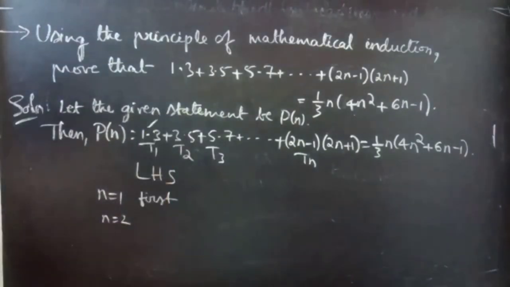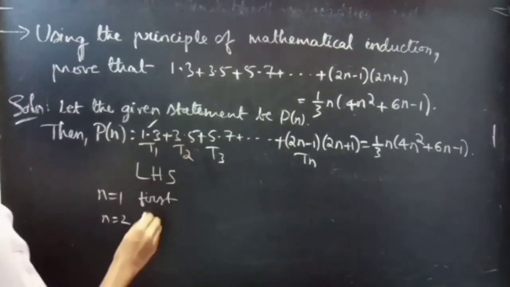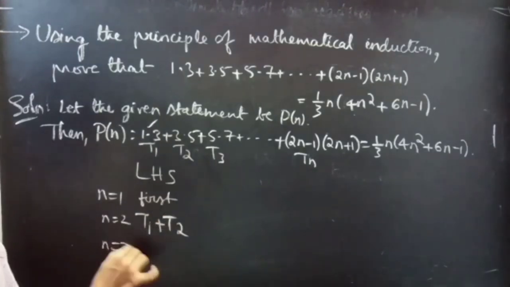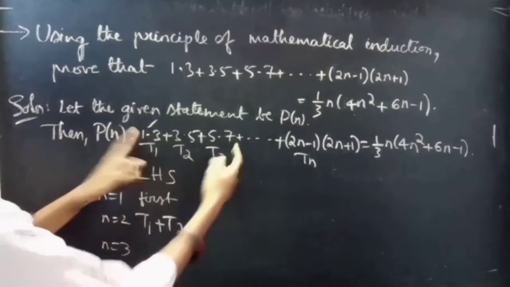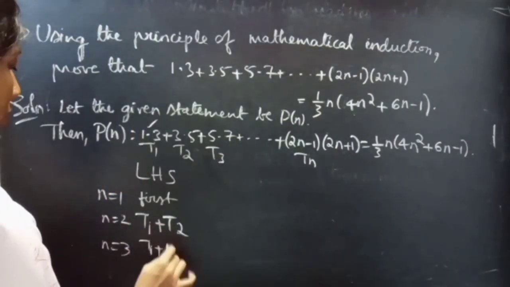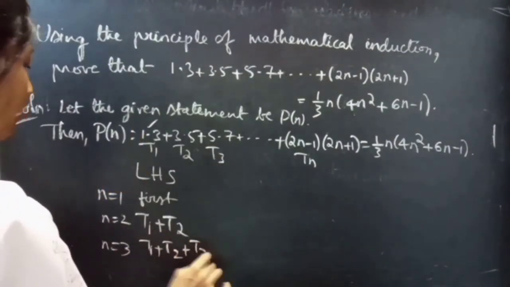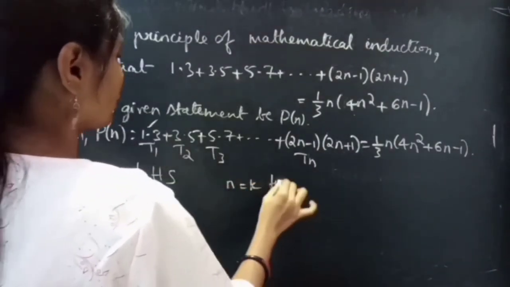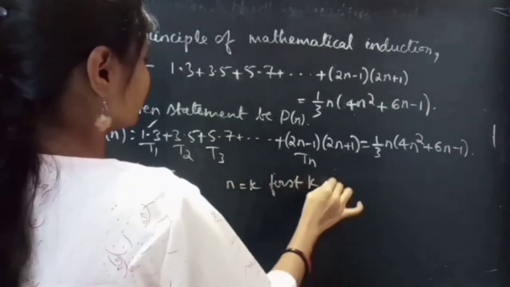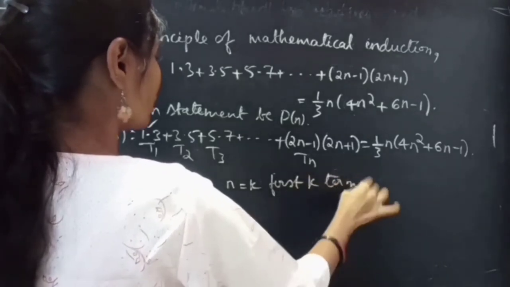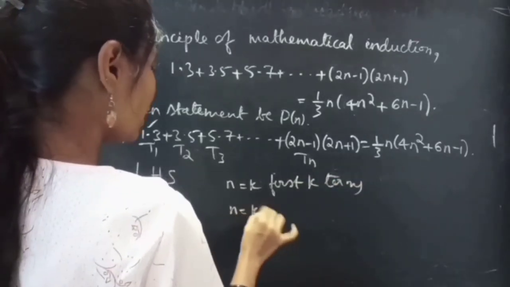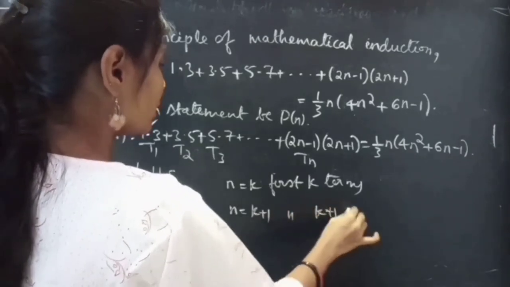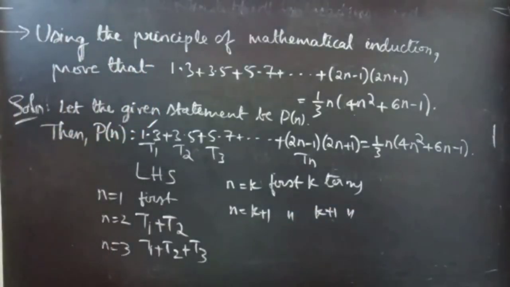When n equals 2, we'll take the sum of two terms, that is t1 plus t2. When n equals 3, we'll take the first three terms, t1 plus t2 plus t3. Likewise, when n equals k, we'll take the first k terms. Similarly, when n equals k plus 1, we'll take the first k plus 1 terms. Okay? Fine.